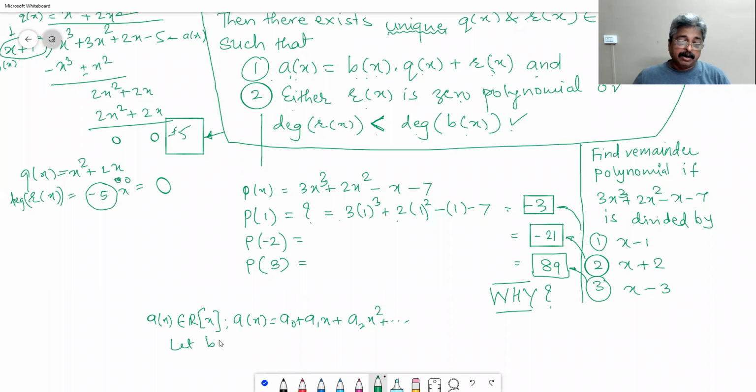Let b of x be equal to x plus k, then r of x is equal to, how do we write?